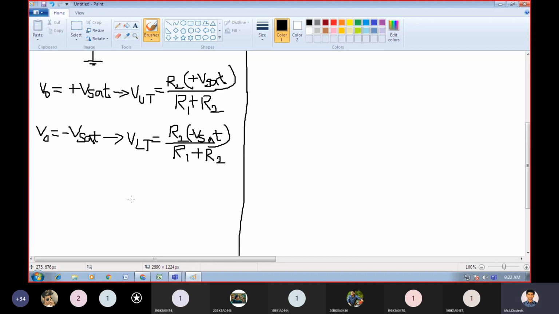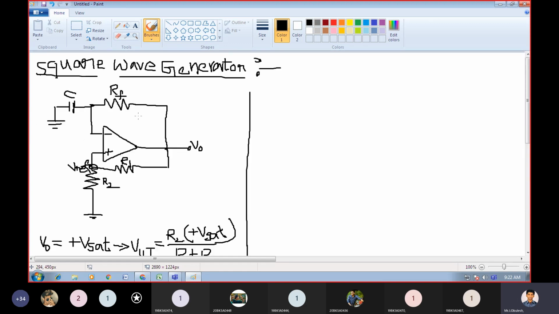When the power is turned on, if you switch on this circuit, the V naught value automatically swings either to plus V saturation or to minus V saturation.